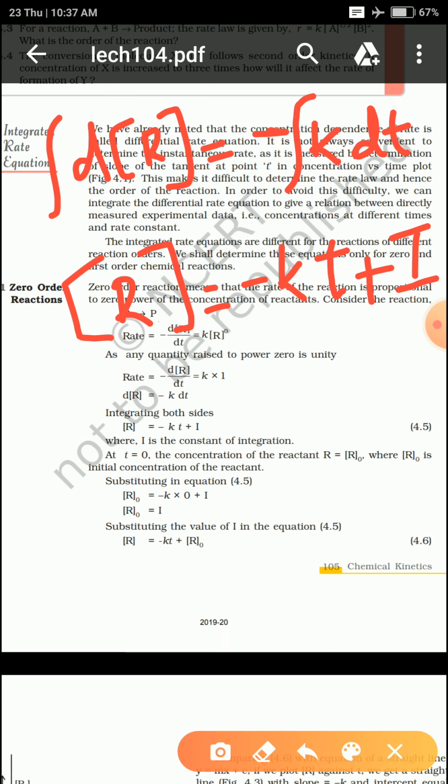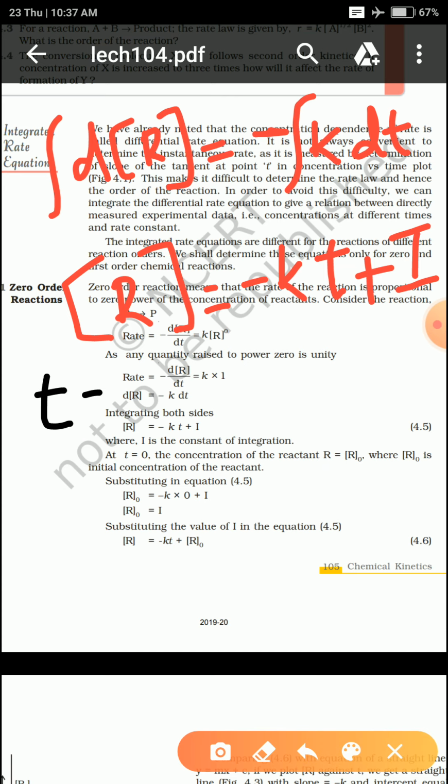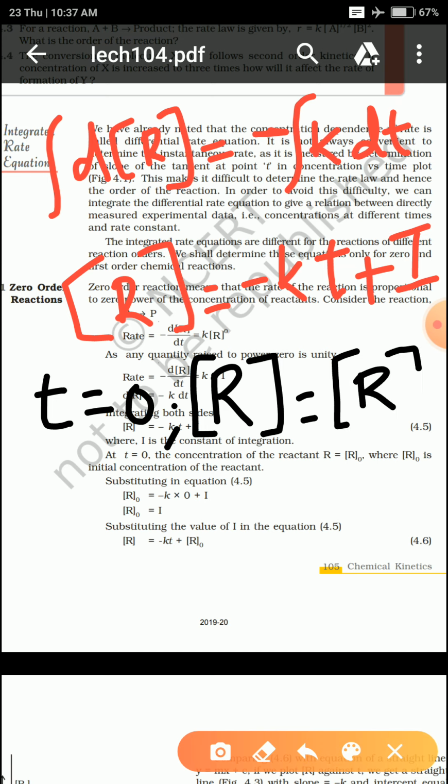Now suppose we take time 0. If the time is 0, the reactant will have an initial concentration, because at the starting time the initial concentration is to be taken.